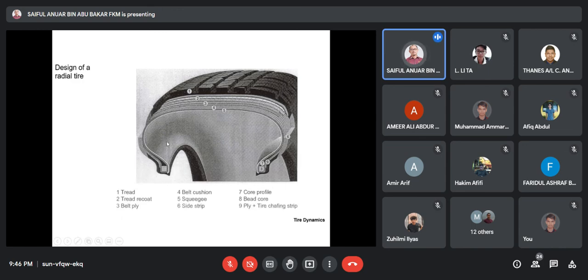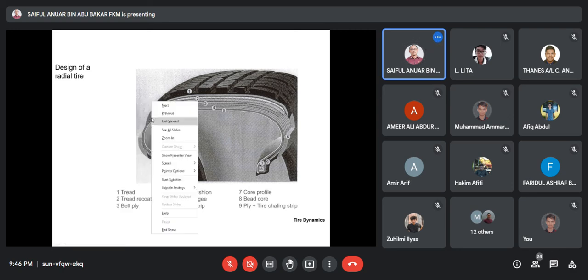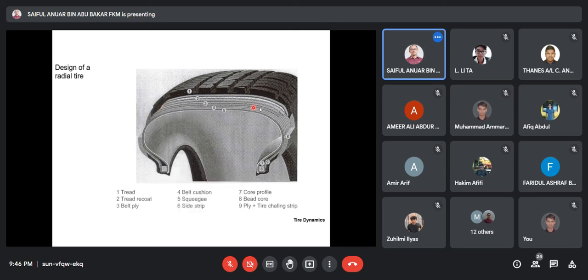This is the design of a radial tire. In a radial tire, the fabric, the rubber layer, and the steel are all laid in a radial position. By radial position, I mean it is laid like this, in this direction, from this point to this point, one layer, and then you put another layer.